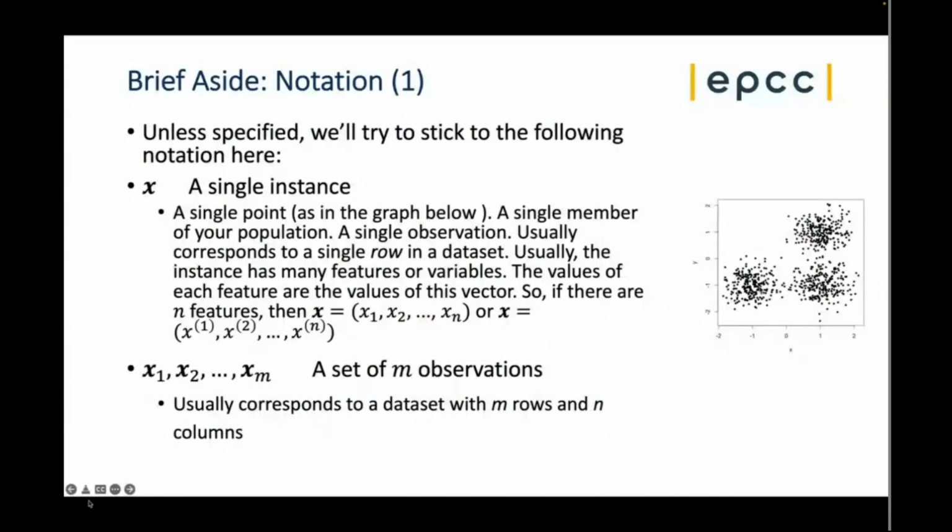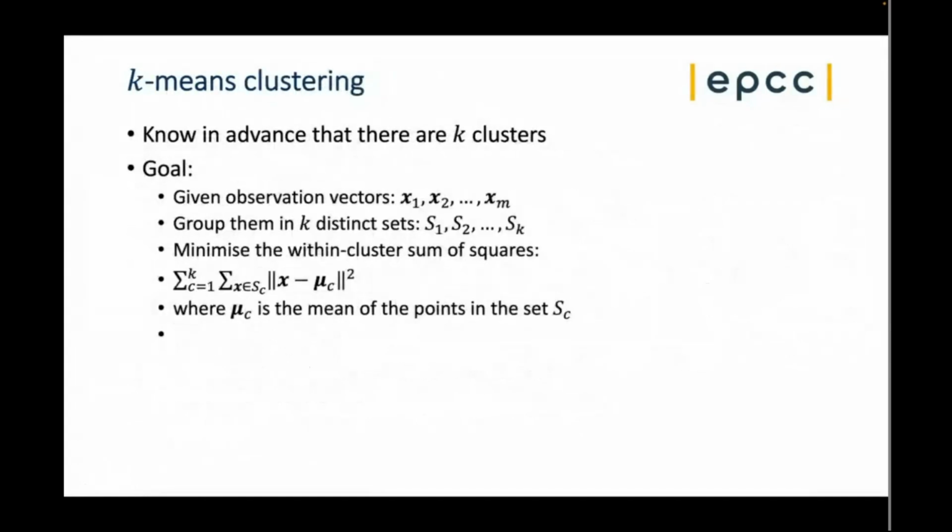And it obviously depends on what all the points are. So we're trying to minimize the total distance of points from a central value. So we're trying to come up with some central values, such that we can have as little distance as possible from each point to the centroid mu. So here mu c is the mean of all the points in the set S c.